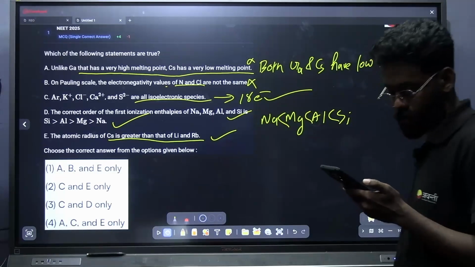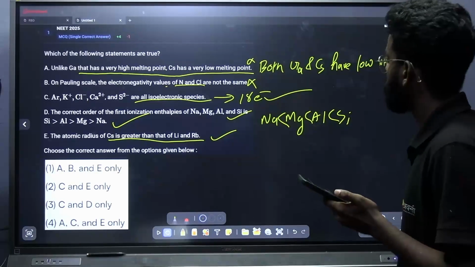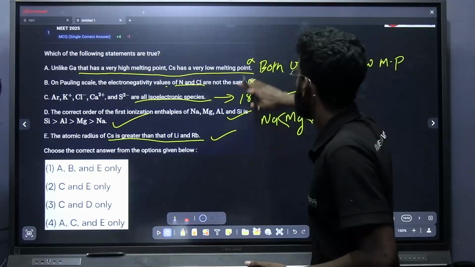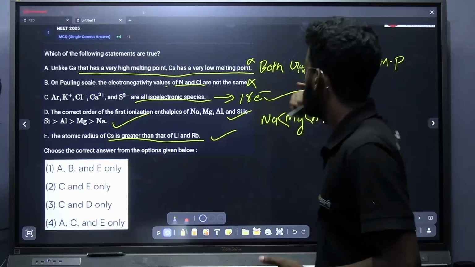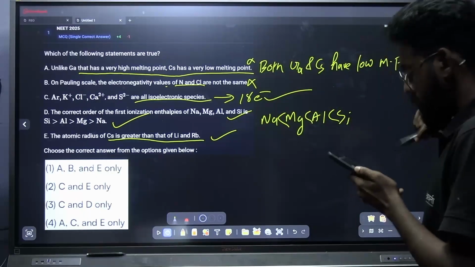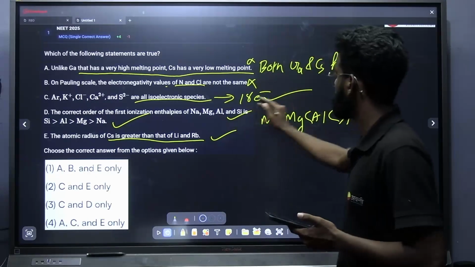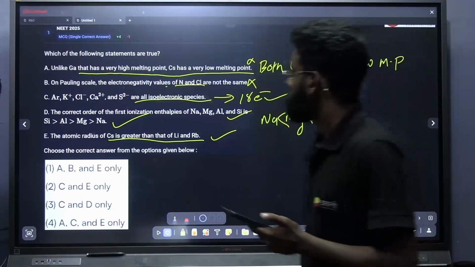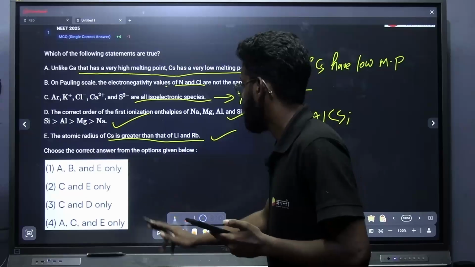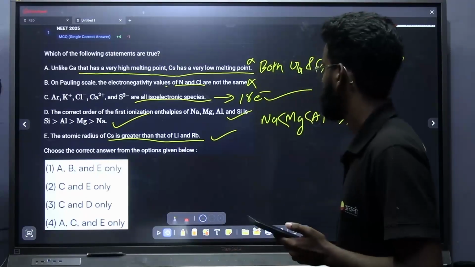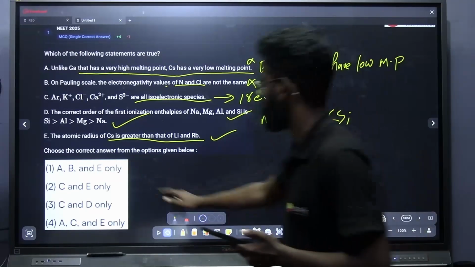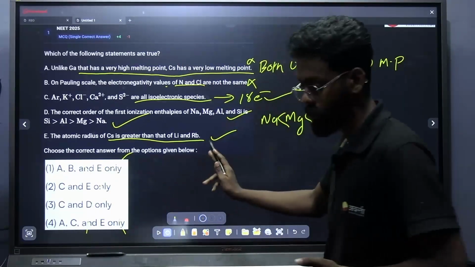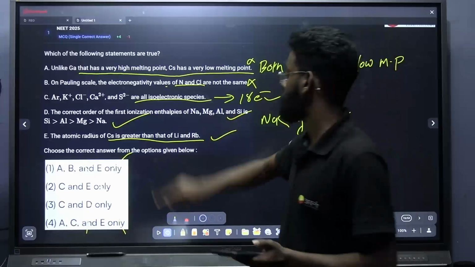Then the second one is wrong. Then the third one is correct. C is correct. D is correct. E. C, D, E. I think that option is not there. Okay, I think the option I have mentioned is wrong. I will correct it and give you the new correct option. C, D, E is the correct one.